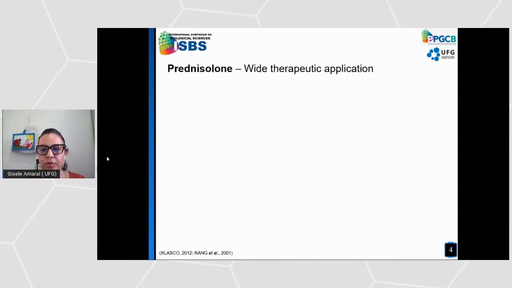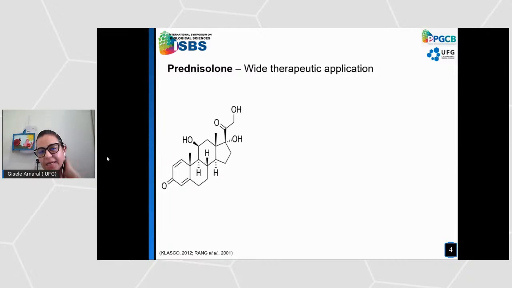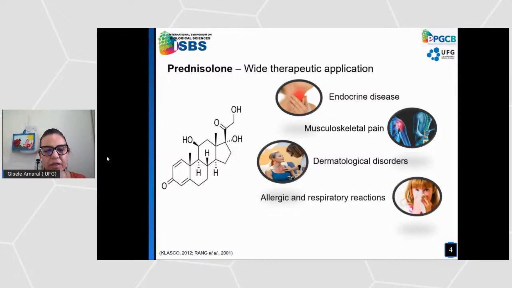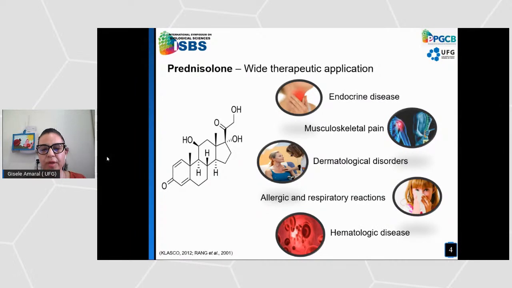A commonly used glucocorticoid is prednisolone. It has good oral bioavailability and wide therapeutic application. It can be used in pathologies such as endocrine disease, muscular pain, dermatological disorders, and allergic and respiratory reactions. Also in some hematological diseases.